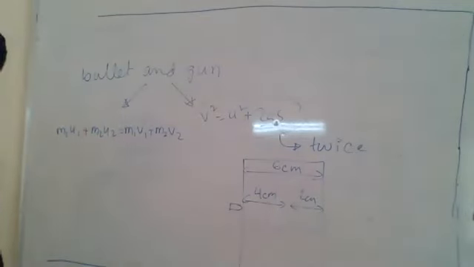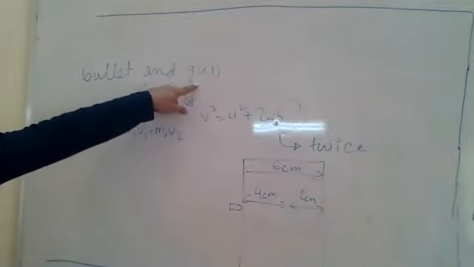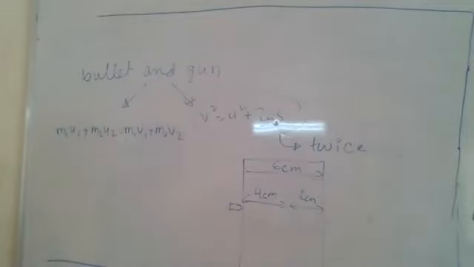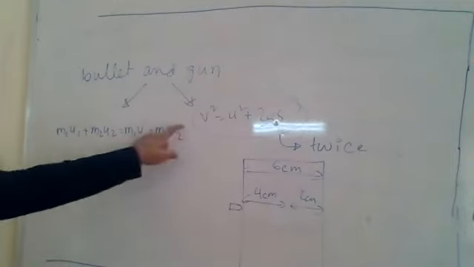Okay, let me give you the idea again. See, bullet and gun. If they are talking about some backward velocity or finding the final velocity of the bullet or mass of the gun or mass of the bullet, then we will be using the conservation law of momentum.